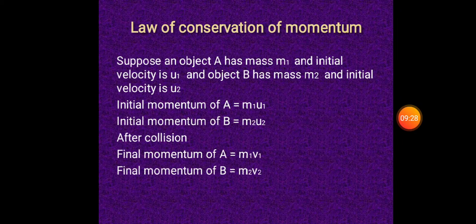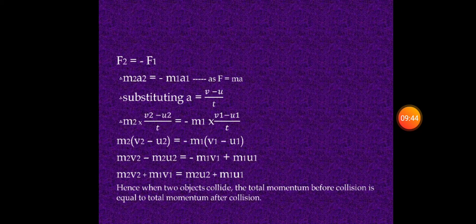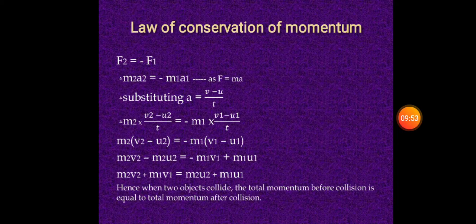So, after collision, the final momentum of object A will be m1 v1 and the final momentum of object B will be m2 v2. If F2 is the force that acts on object B, F2 is equal to minus F1.